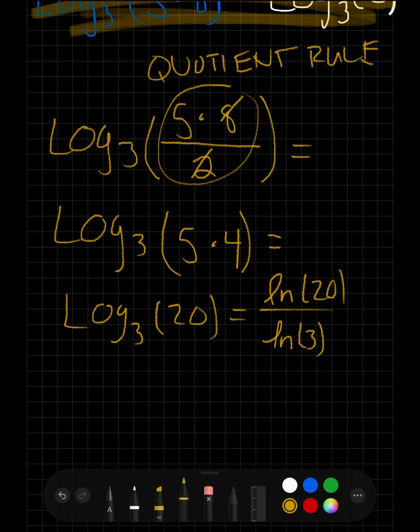Let me type that into Desmos. So you could say ln of 20, and then you would divide that by the ln of 3.